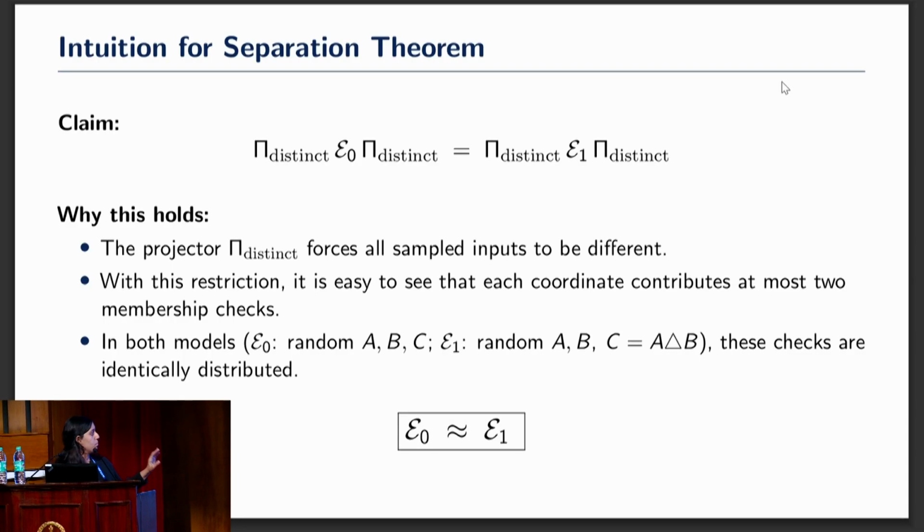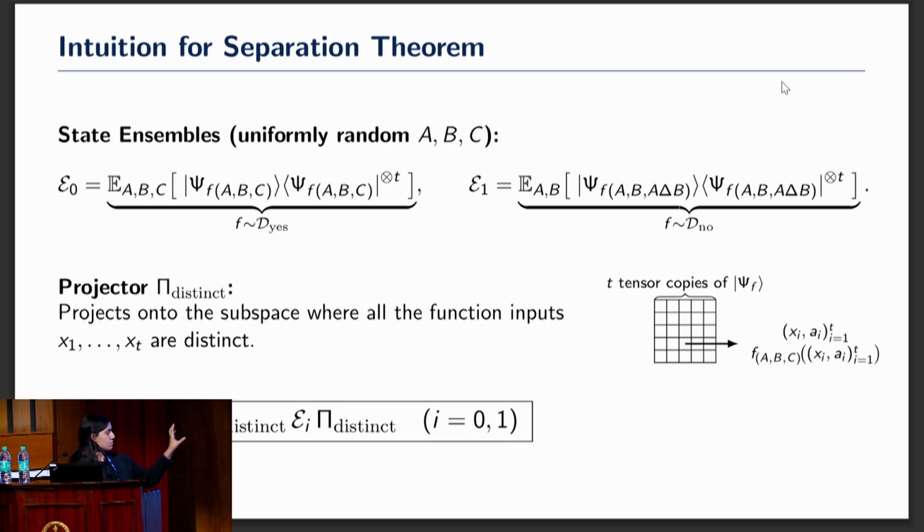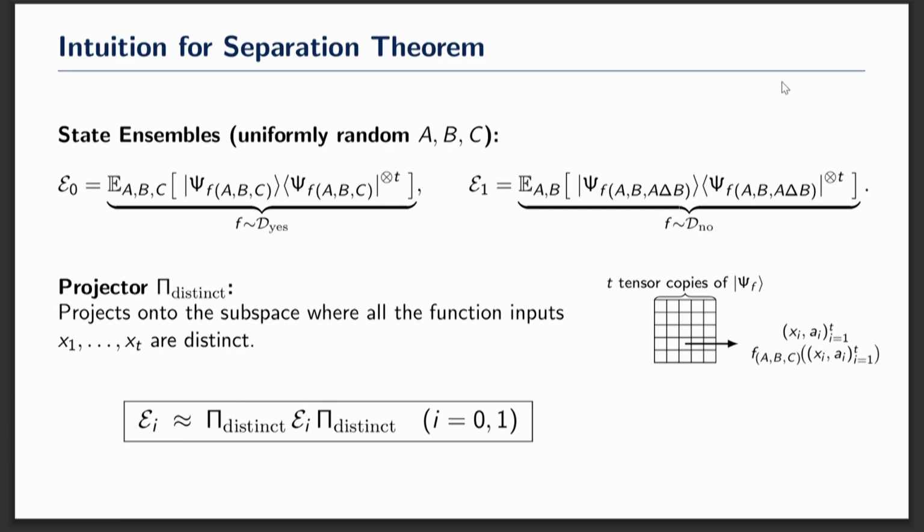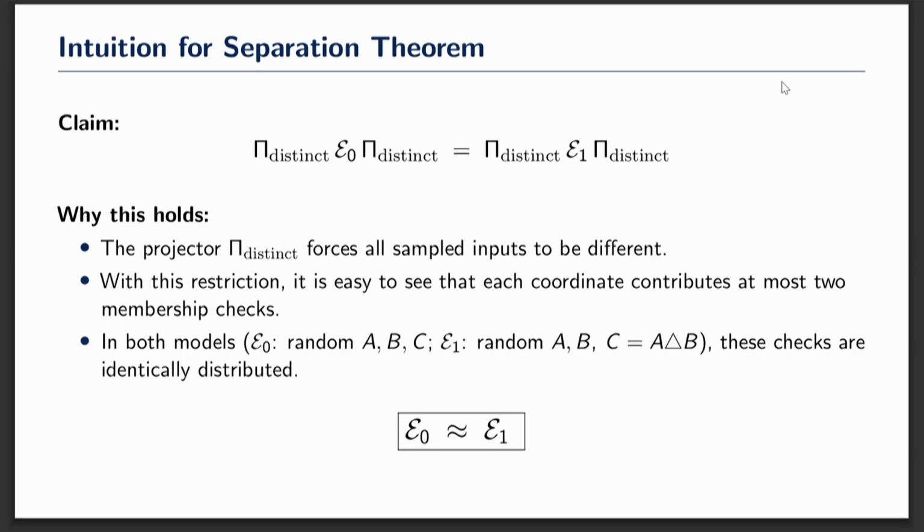And in both models, random A, B, and C, and random A, B, and then C being the symmetric difference, these checks are identically distributed. So you essentially get no information from looking at a single element of this matrix about which of these distributions it came from, whether it came from E0 or E1. And in fact, you can prove that because these two ensembles are equal and E0 and E1 were very close to the projected ensembles, then E0 is approximately equal to E1, and we get this very nice separation theorem.